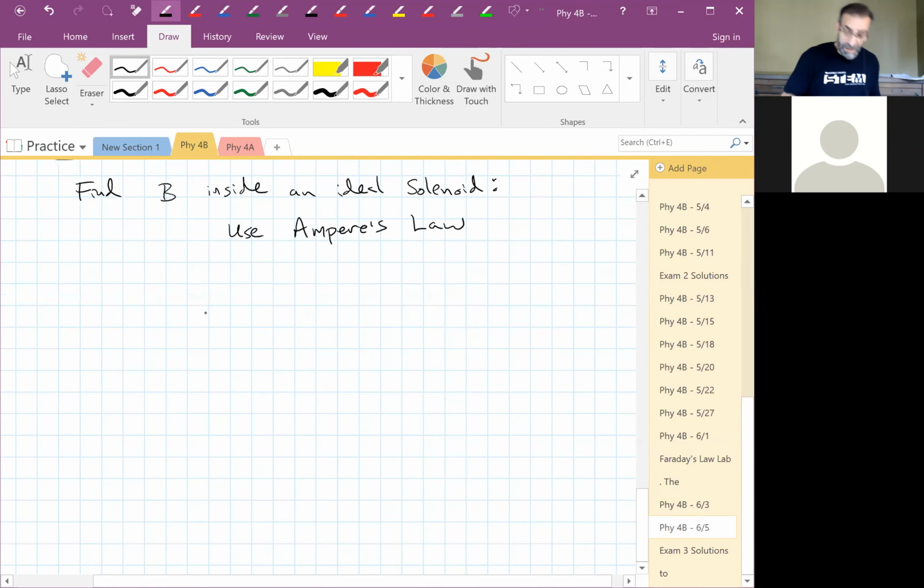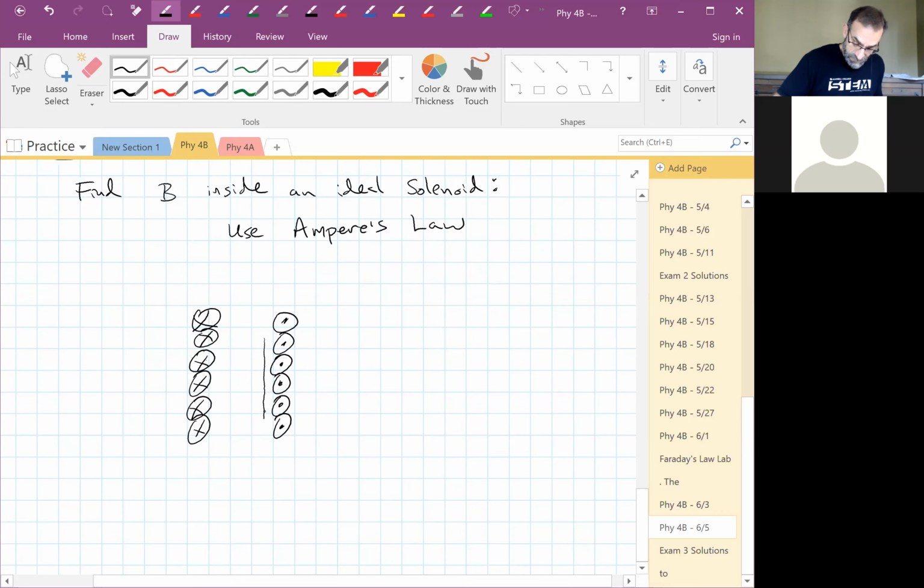Okay, let me draw my cross-sectional view of my solenoid. Have it coming out on this side, in on this side. That means my magnetic field is going to point which way? That way.